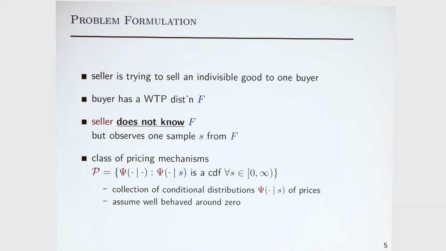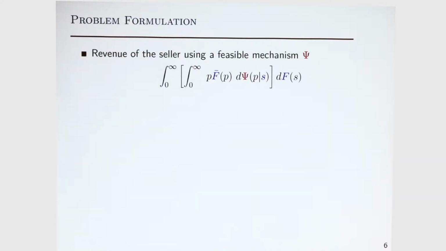So now, given this model, let's look at our revenue. Let's read it from the inside out. P is the price that we'll post to the customer. So we'll make P with probability whenever this customer can pay this price.